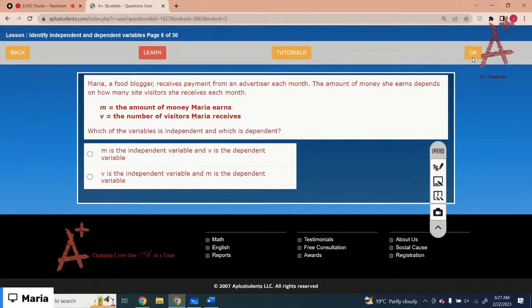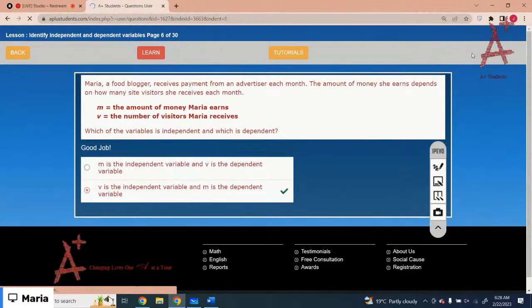So from this line you can see the amount of money is dependent on what? The number of visitors. Got it? That means the amount of money is dependent on the number of visitors. Got it? So V is independent and M is dependent.